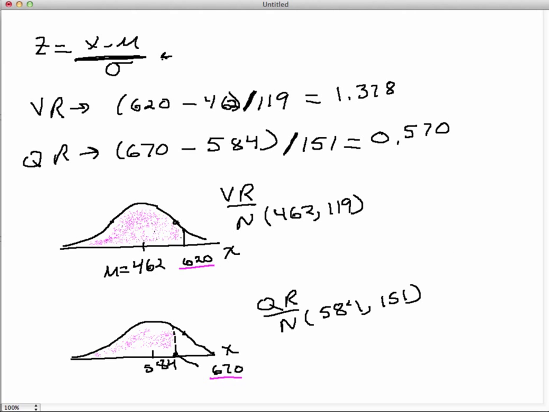All right, so let's go ahead and do that. In this case, what I want to know is the proportion of the x's that is less than 620. Well, notice since it's a less than, since it's a left tail, I'm not going to have to do that 1 minus thing. I just need to go p-norm, give it the cutoff score, which is 620, give it the mean, which is 462.